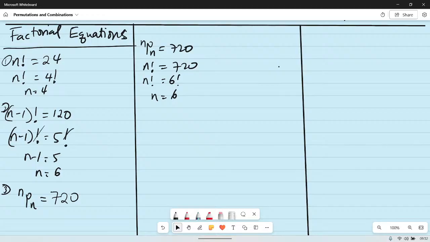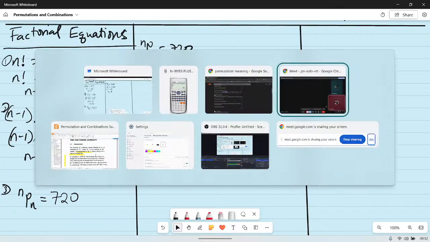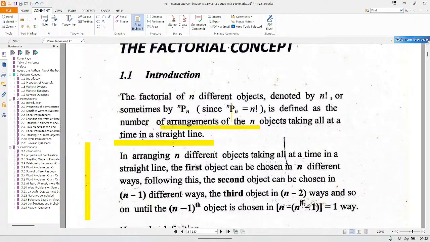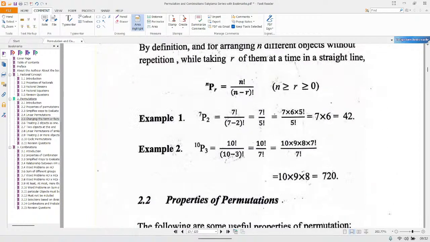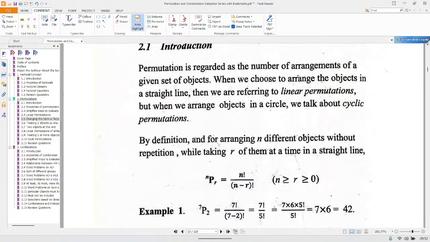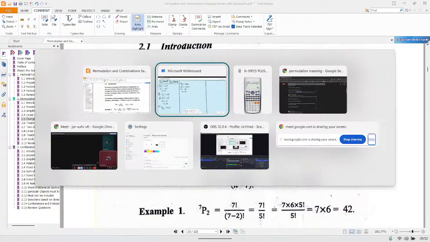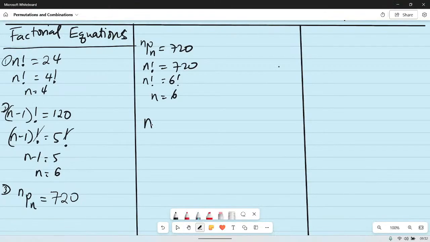Before that, there's also the definition of permutation. N permutation r is n factorial over n minus r factorial, right? I like to use top and down.